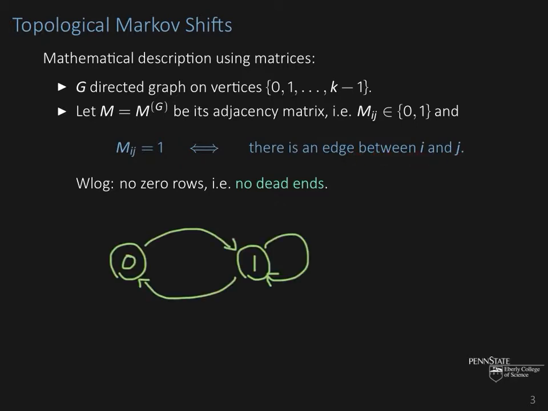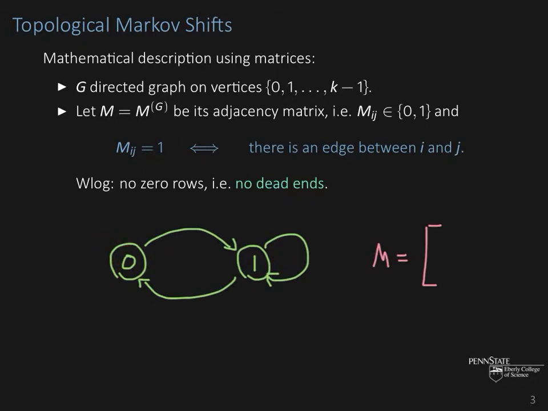So let's look at the graph from the previous slide. Here we have the graph. What does the matrix M look like? Well, we have two vertices, so we have a 2 by 2 matrix. The entry 0, 0 gets a 1 if and only if there's a loop going from 0 to itself, which is not the case.